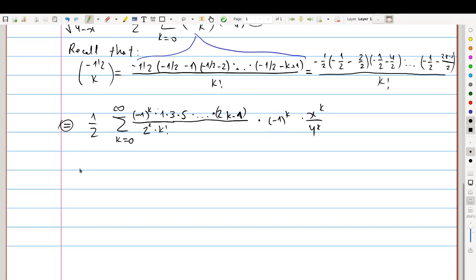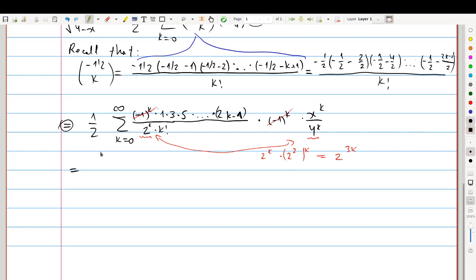And at last, I can group these two factors together. Minus 1 to the k times minus 1 to the k together give me 1. I can group 2 to the k and 4 to the k in the denominator, and these two together give me 2 to the 3k.